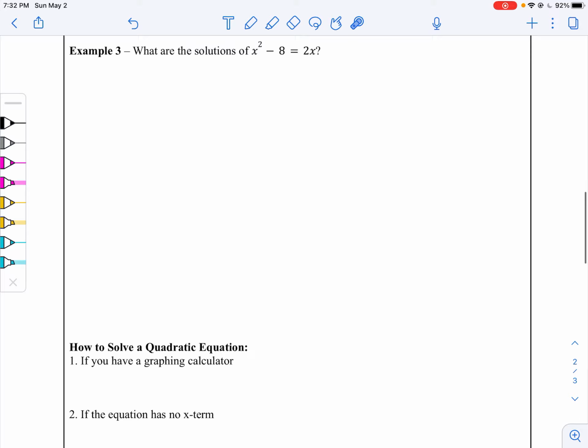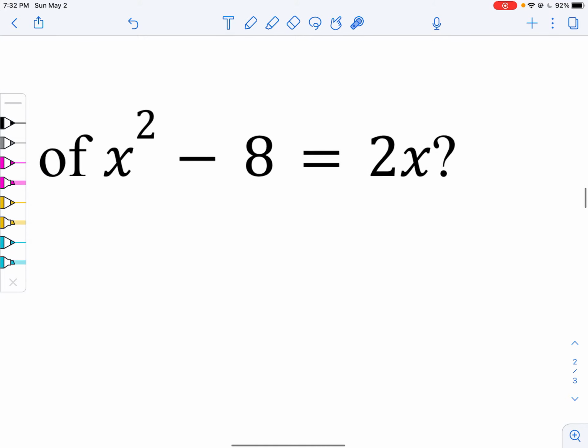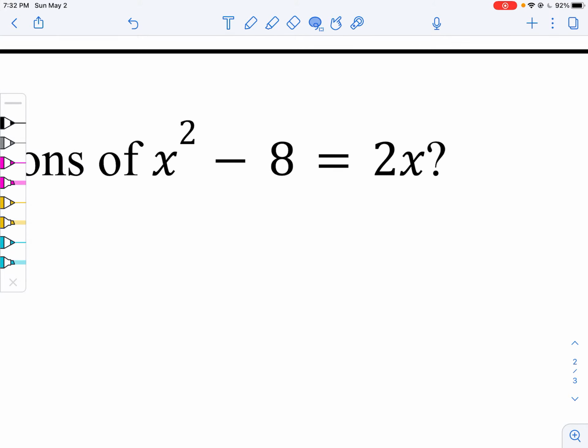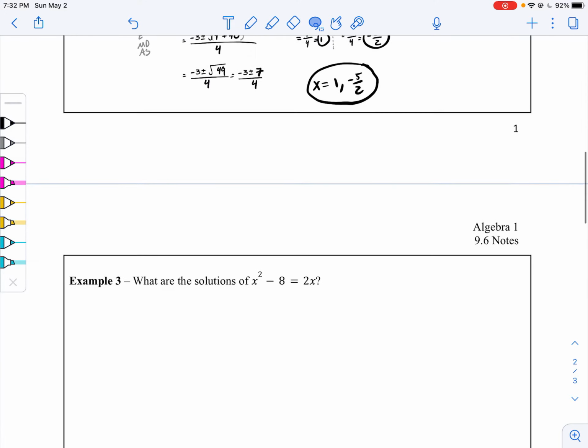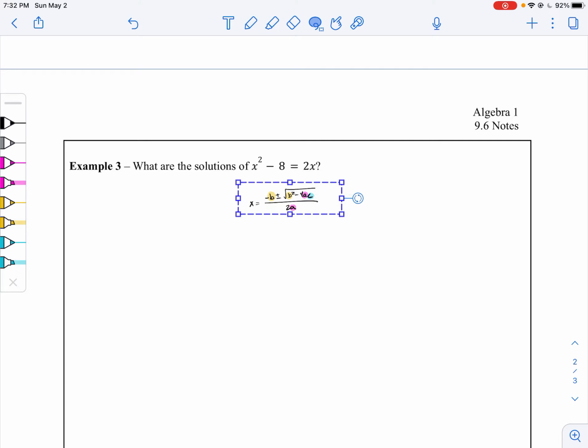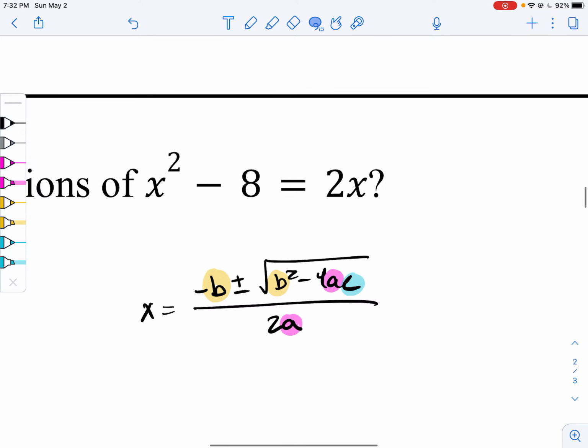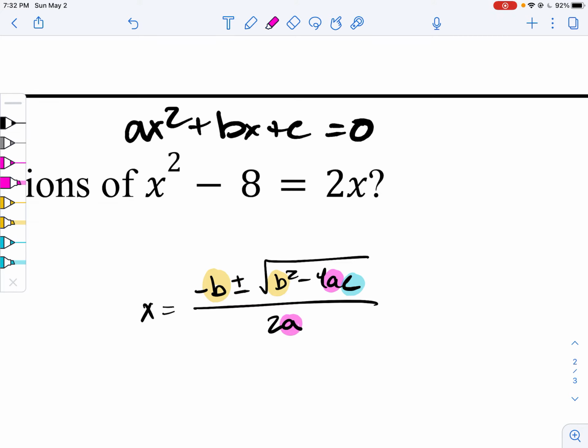Cool. But what if it doesn't look like that? What if that doesn't look like my beautiful artwork right here? That's not in the same form. I don't have ax squared plus bx plus c equals 0. So I can't plug it in to my quadratic formula, right?